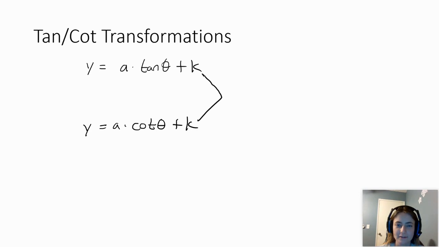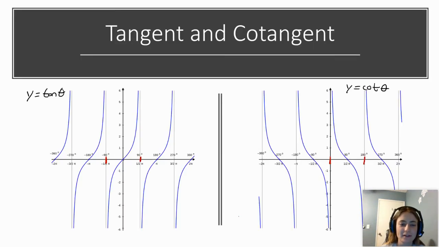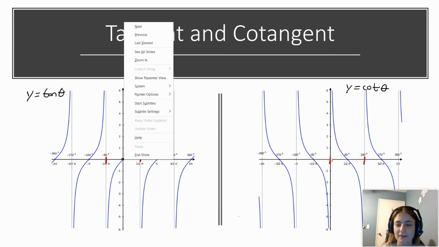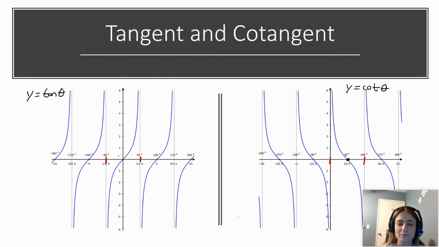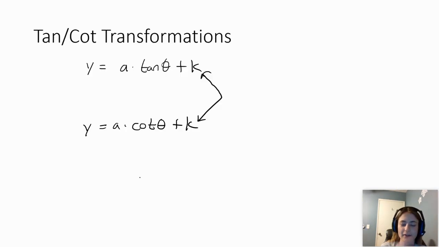So k, much like in the other functions, is the vertical translation or the vertical shift. But more accurately, we like to look at where these middle points shift. So for tangent, it's at the origin. For cotangent, it's at pi over 2, that middle point. So what k does is it shifts that middle point up or down.